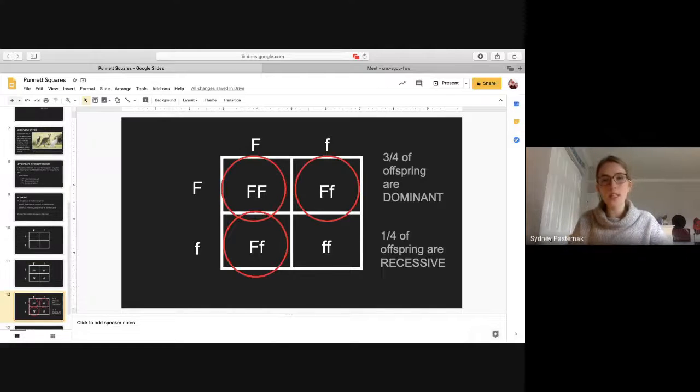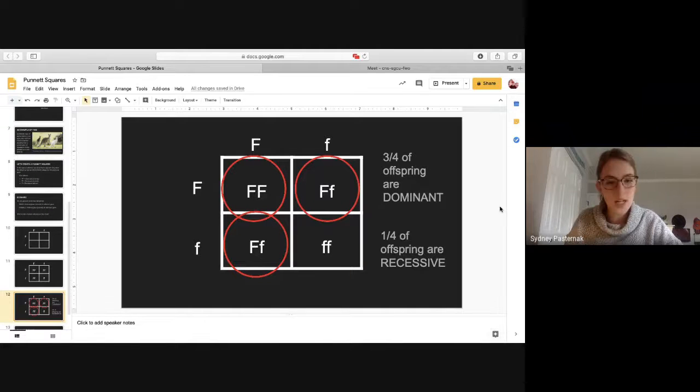So when we look at this Punnett square now, we notice that we've got 3 different dominant combinations out of the 4. We've got a homozygous dominant, 2 heterozygous dominants, and then we're left with 1 homozygous recessive. So 3 out of the 4 offspring are dominant and 1/4 of offspring are recessive.